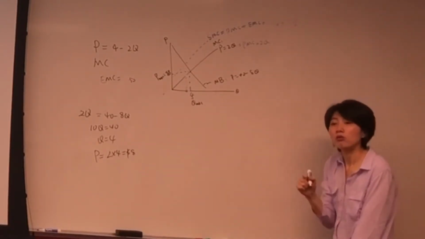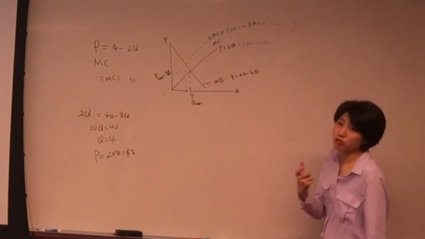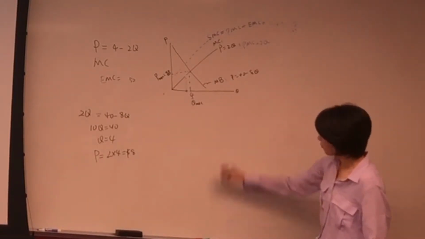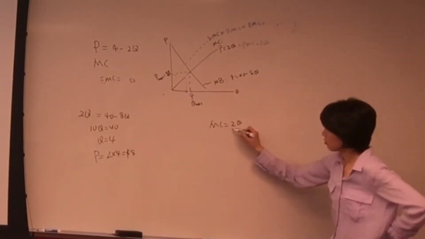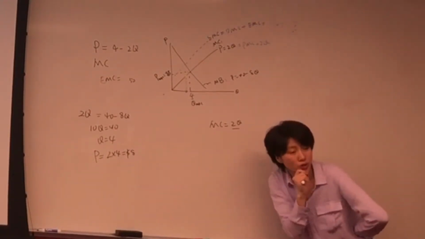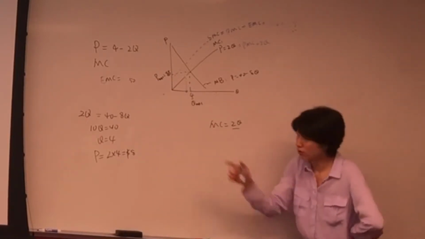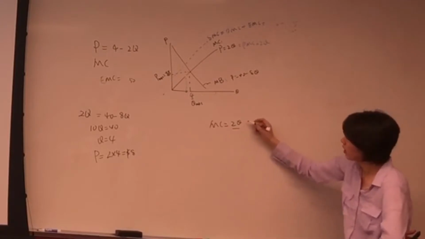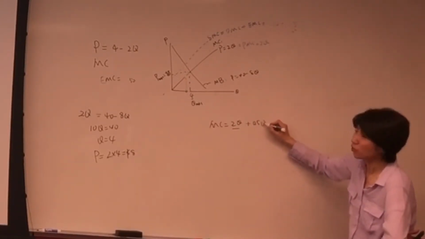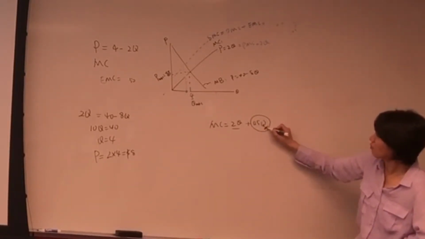Not 0.5Q, because this is marginal. The marginal cost 2Q is the cost of producing one additional unit of output, one additional ream of paper, and then plus 0.5. If you plotted 0.5Q, that would be the total cost of producing Q units.